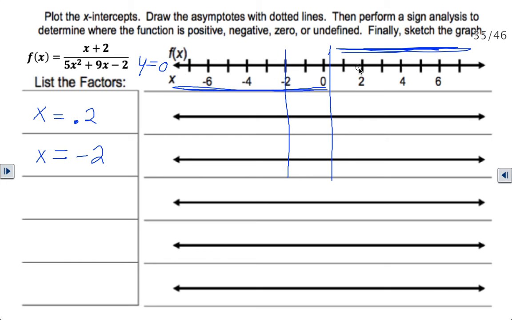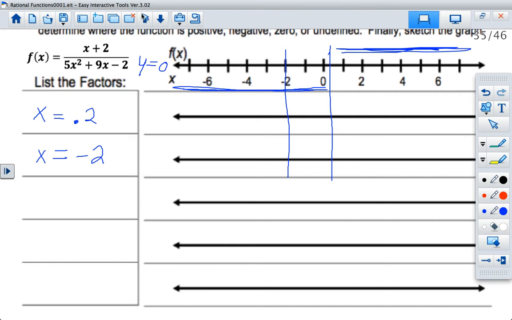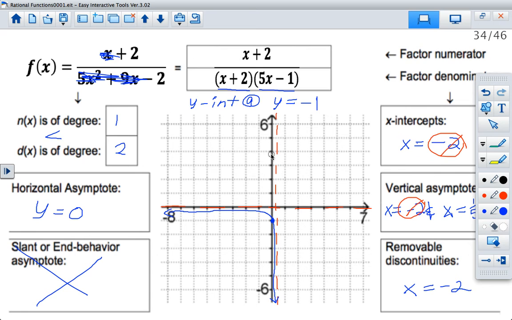And it's good to know that no matter what number I had picked, if I had picked a 2 or a 4 or a 6 or any number in this section, I would still get a positive value. So because of this information, I know that this side of my graph is going to be above the horizontal asymptote.